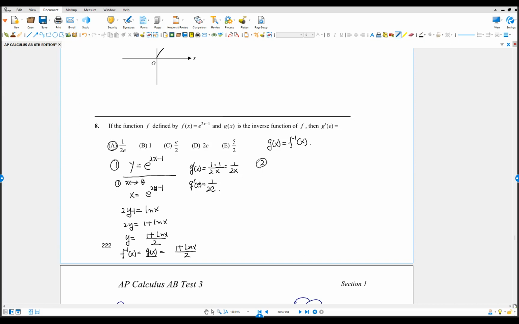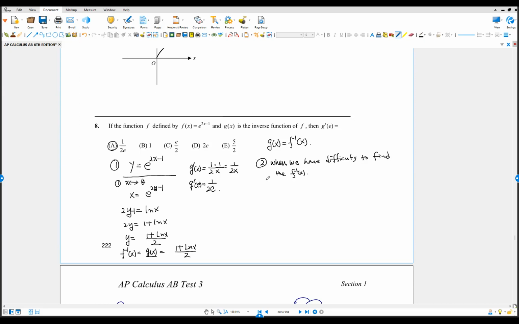Now, in the second case, when we have difficulty finding the inverse, we have to use another method, which is the formula.